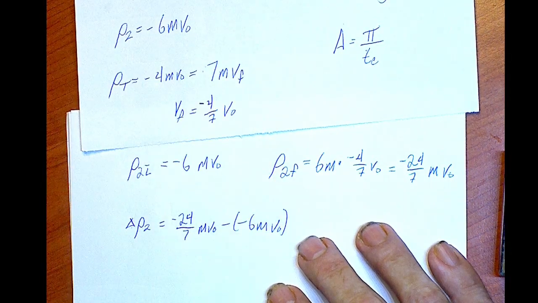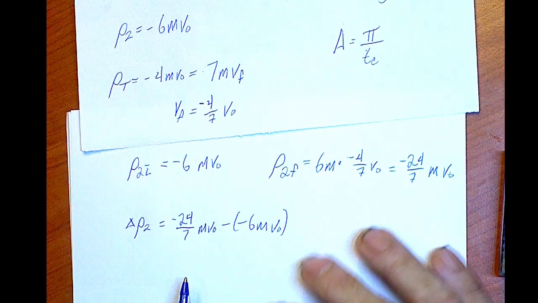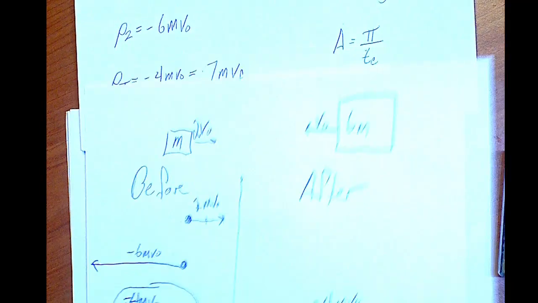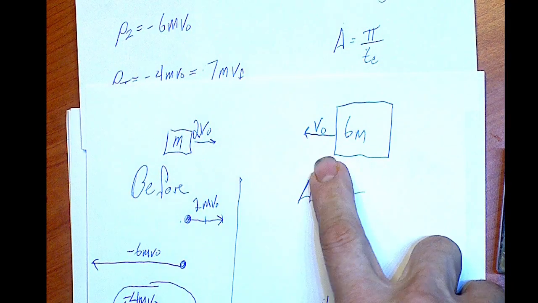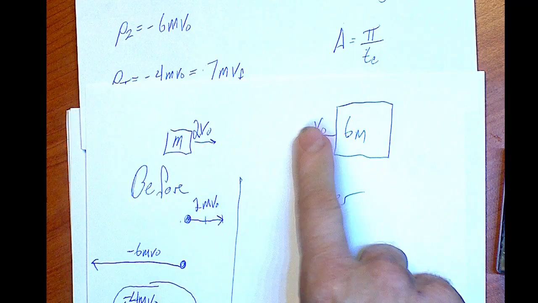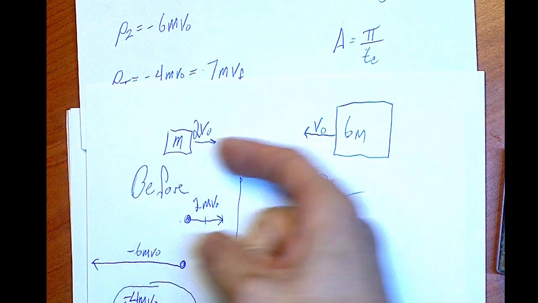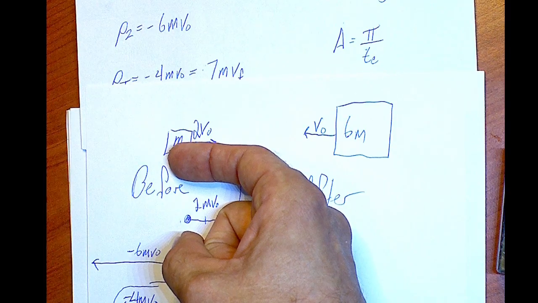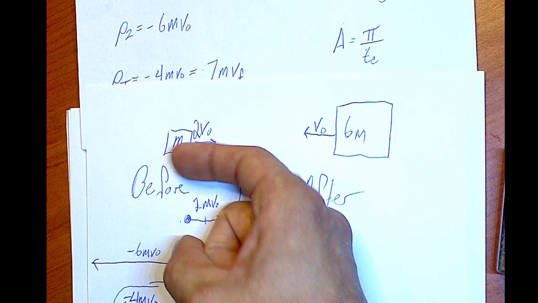And of course, we should be able to make conceptual sense of this. If we have one heavy block running into another block, we said the final velocity of the two block system is going to be going to the left at 4/7 V naught.